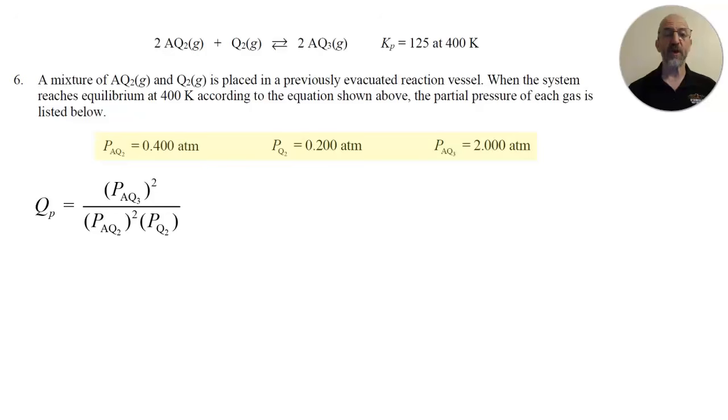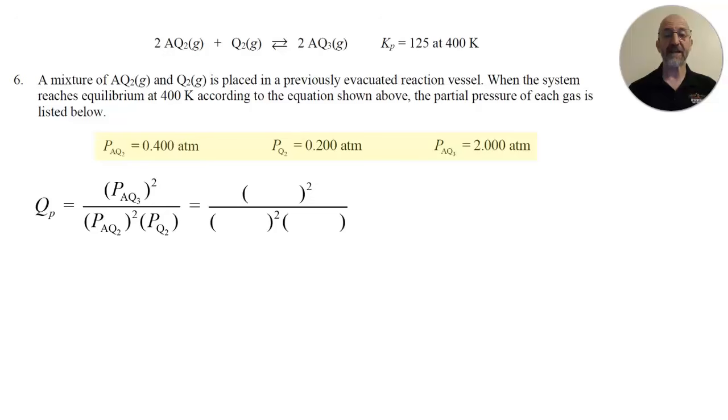So partial pressure of AQ3 squared because of that coefficient of 2, and then divided by the partial pressure of substance AQ2, also squared because of its coefficient of 2, and then in the denominator is the partial pressure of Q2 as well.